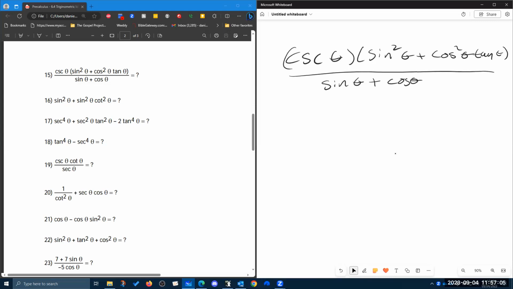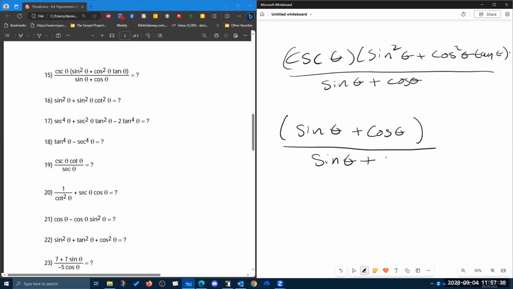So let's go ahead and multiply through by a cosecant here, or 1 over sine here. That's going to give me sine theta plus cosine over sine is cotangent. That's going to leave me with a cosine times cotangent times tangent is 1.